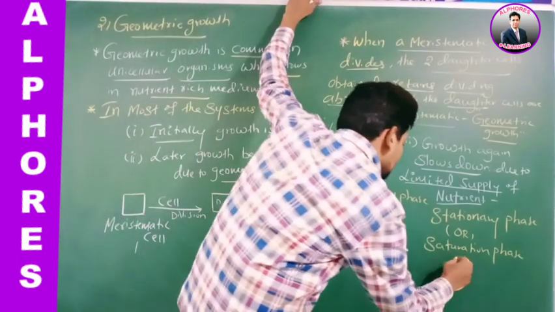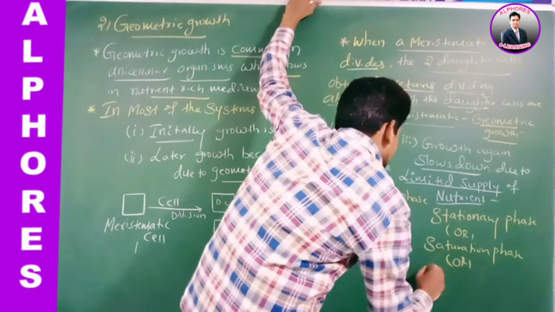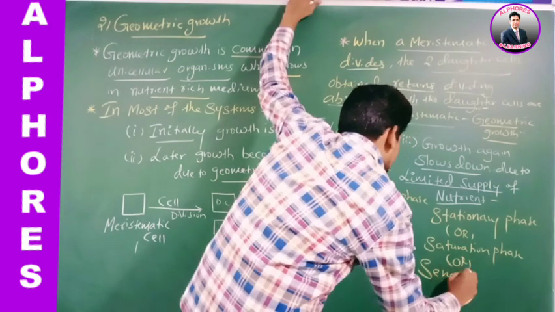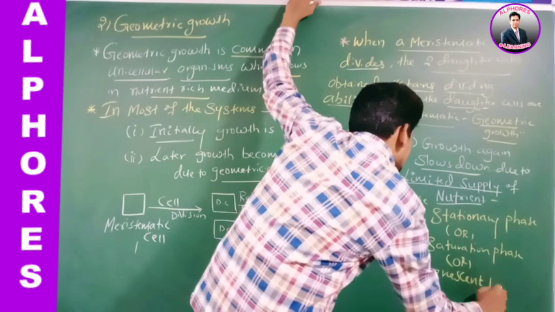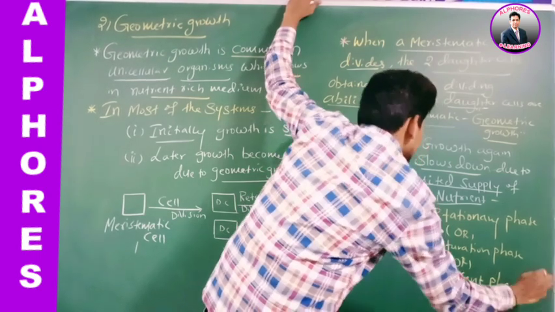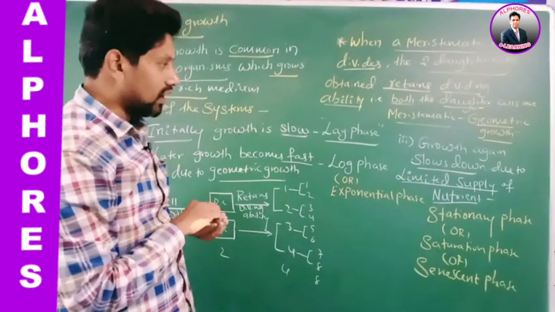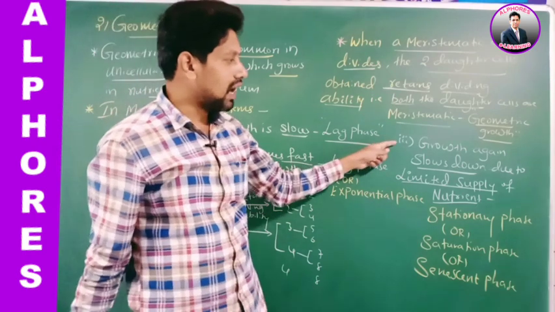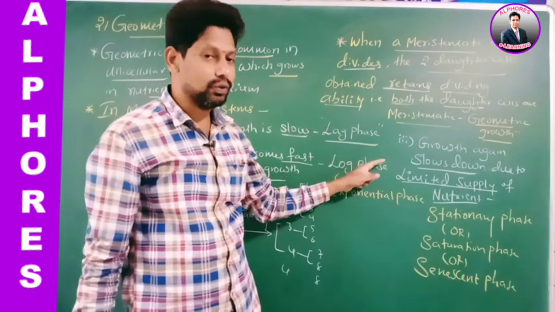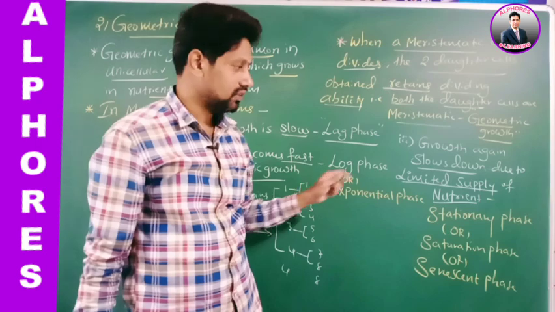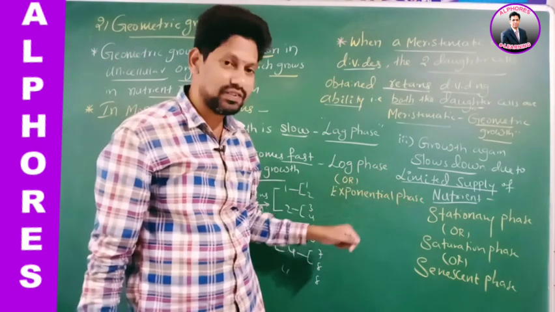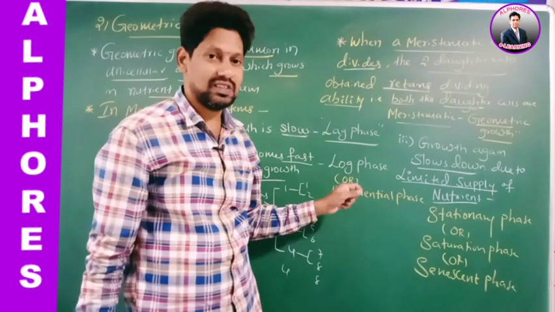It is also called the senescent phase. Therefore, growth again slows down due to limited supply of nutrients. This phase is called the stationary phase or saturation phase or senescent phase.